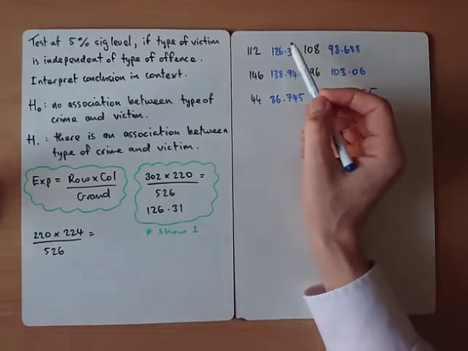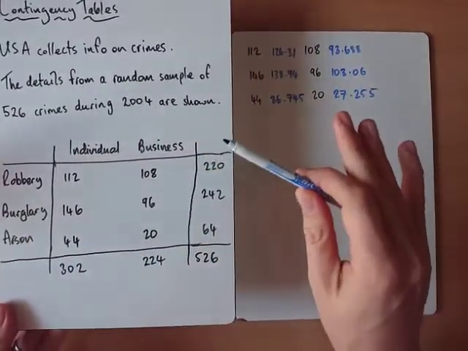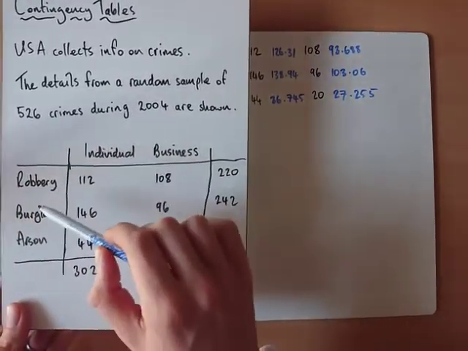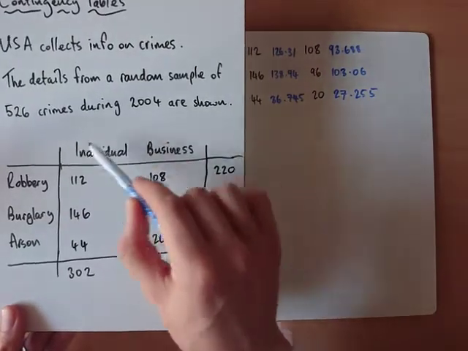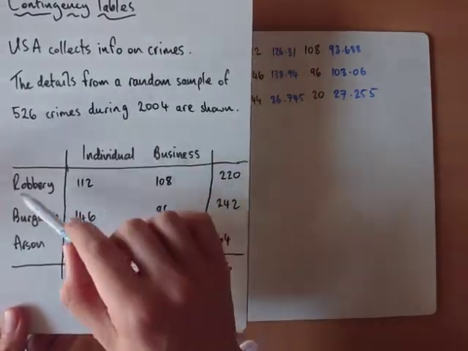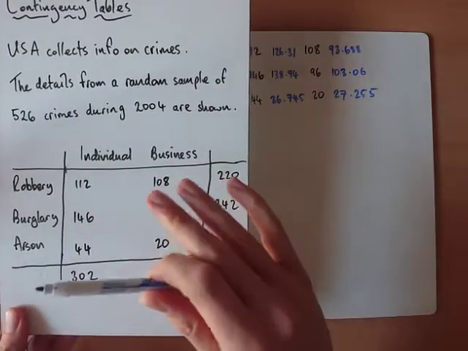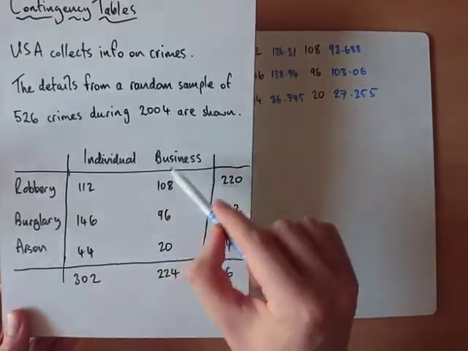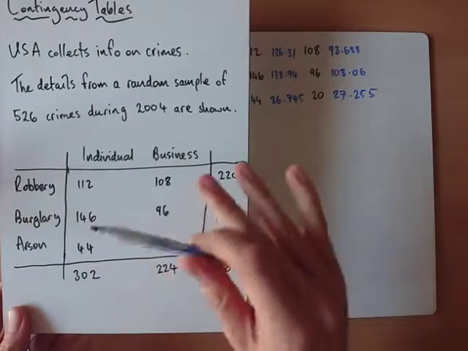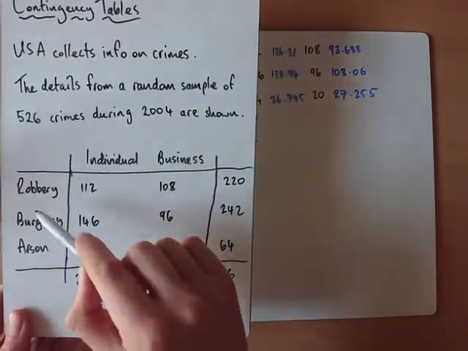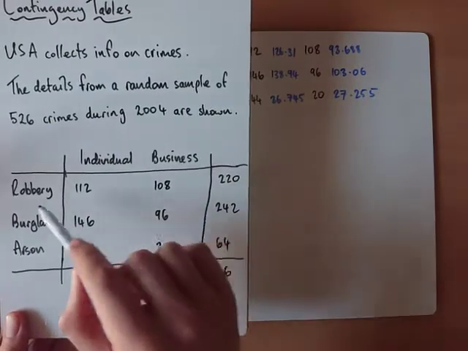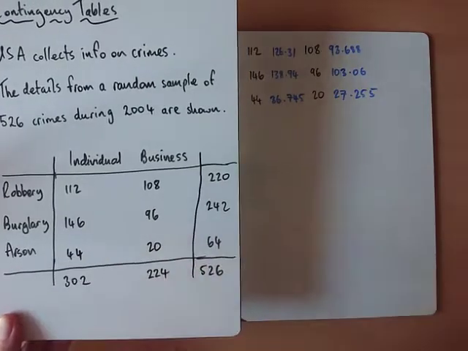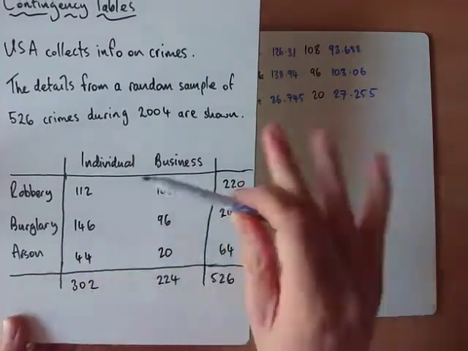If this was completely at random and there was no association at all between these two things, so if the victim, an individual person or business, and the type of crime were unrelated, if criminals just chose at random whether to rob an individual or a business, or arsonists just as likely to burn businesses down as individual homes. What if there was no link at all between these two things?